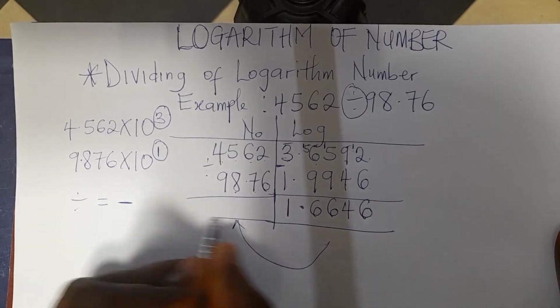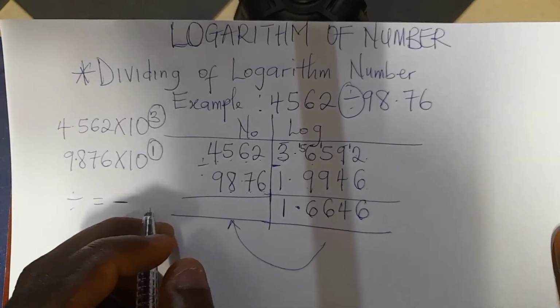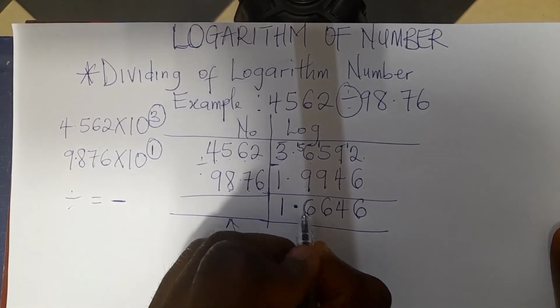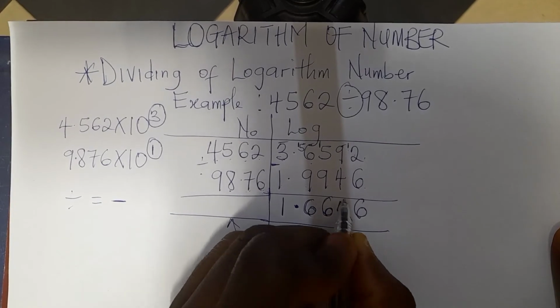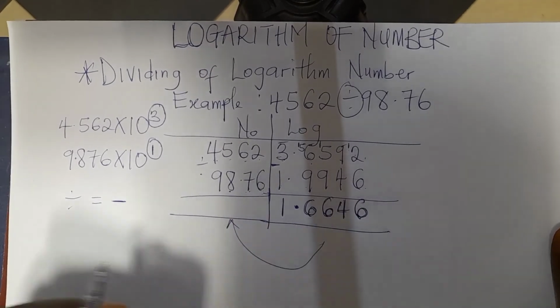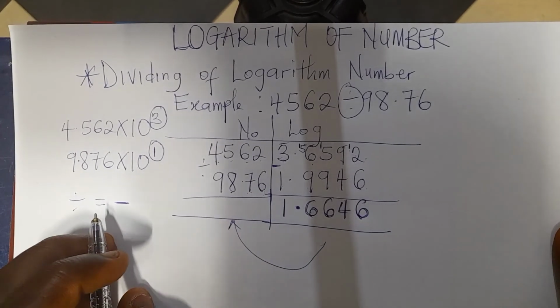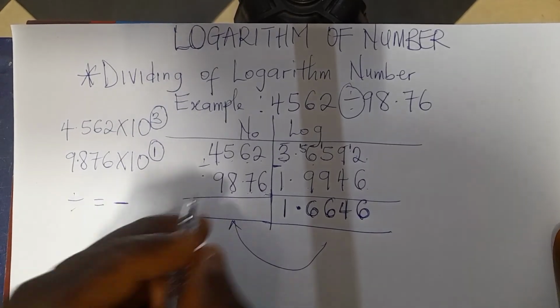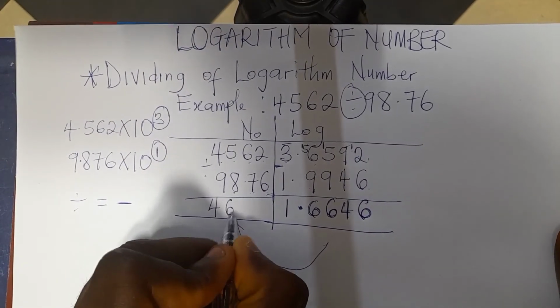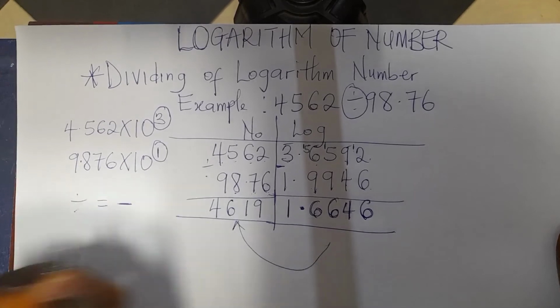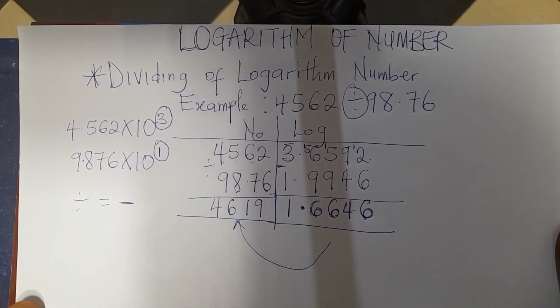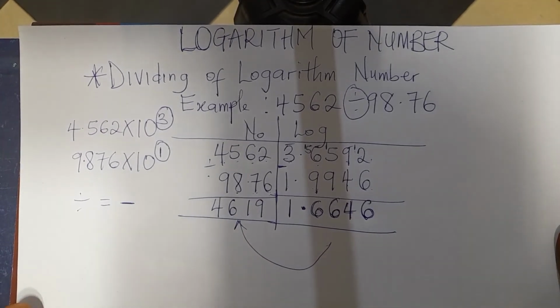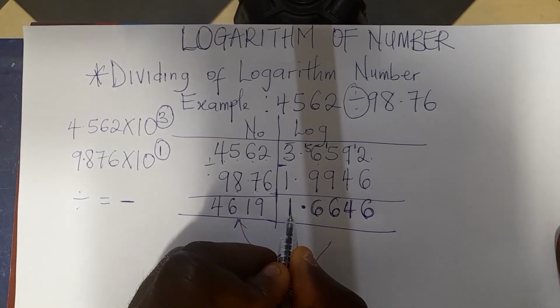Now you look for the antilog. The antilog will be 0.66 under 4 difference 6. So what is this going to give you? It will give us 4619. Now we don't know where the point will be. So this is 1, right?